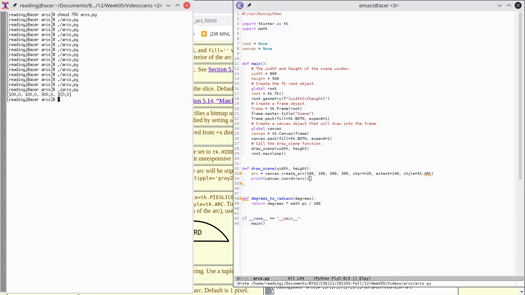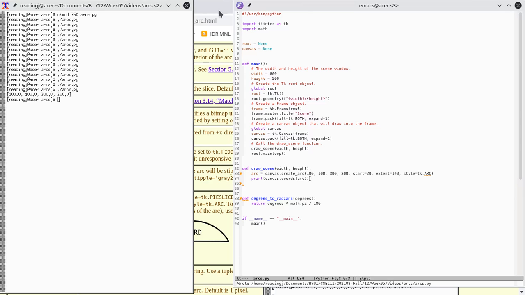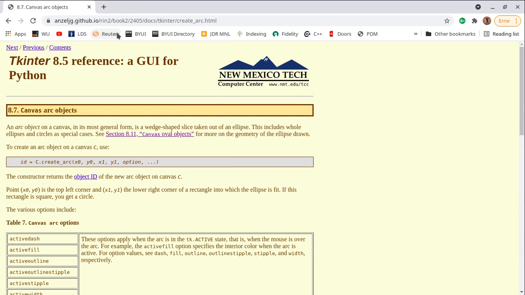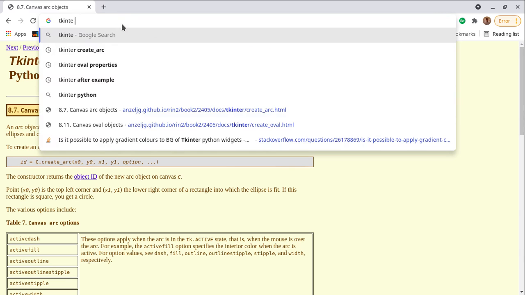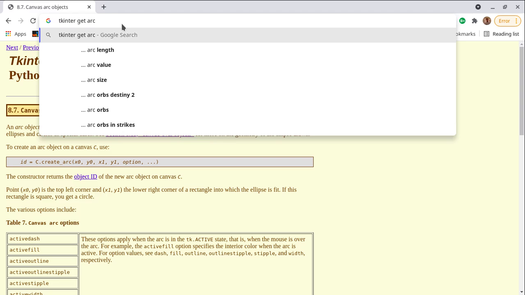Yeah, so it doesn't tell me anything about the start and extent. How can we get the arc extent?